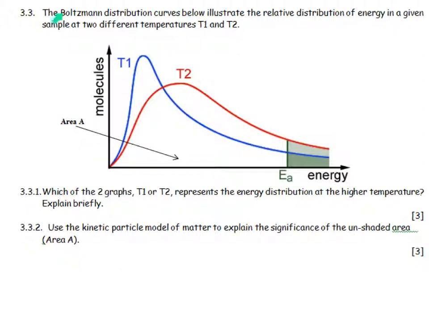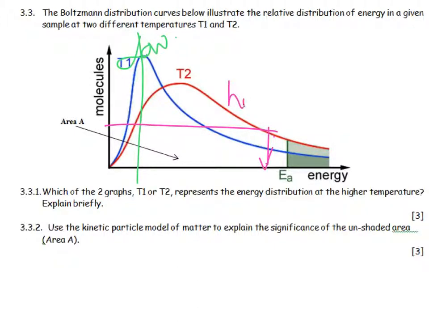Now we have this Maxwell-Boltzmann distribution curve, and it illustrates the distribution of energy in a given sample at two temperatures. It's how many molecules have got how much energy. That's what we're interested in. Temperature 1, lots of molecules have got little energy. So that is probably a low temperature, whilst temperature 2, more molecules have got higher energy.